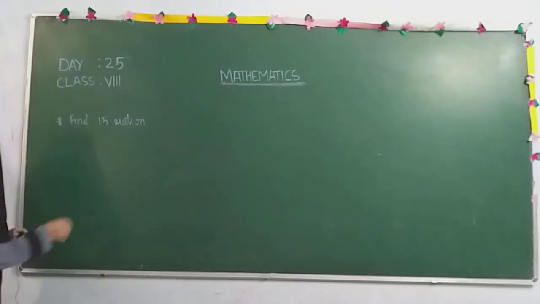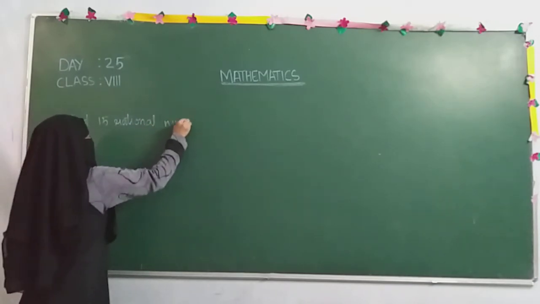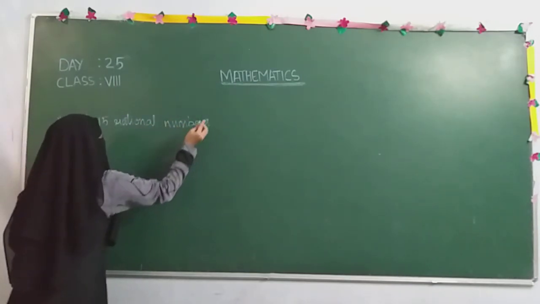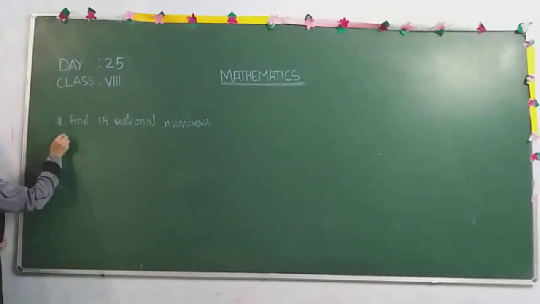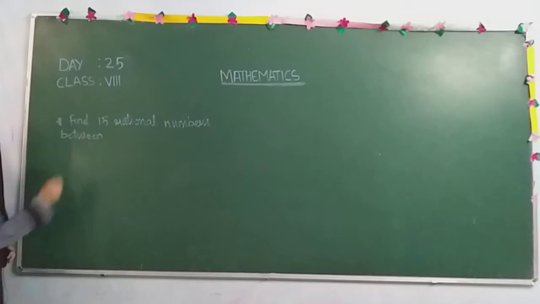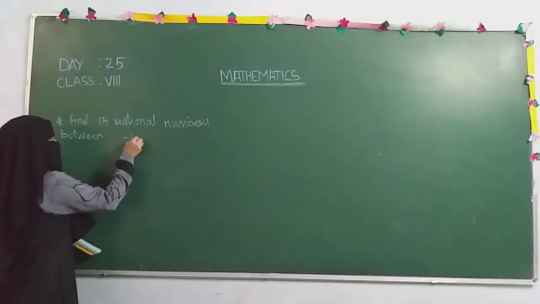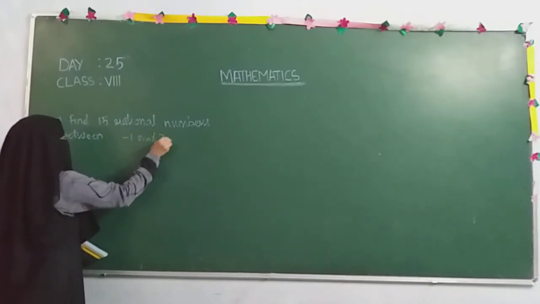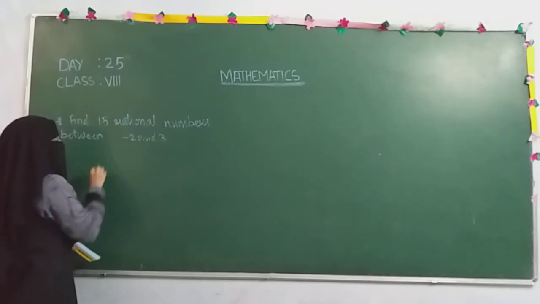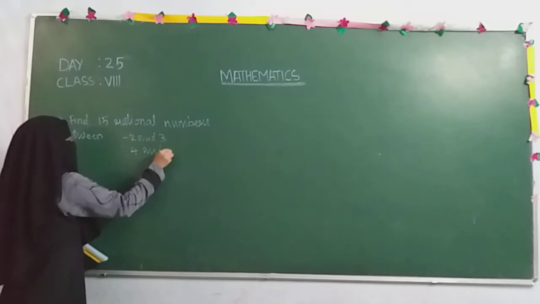So find rational numbers between. In the last problem we have studied between -2 and 3, and 4 and 5.